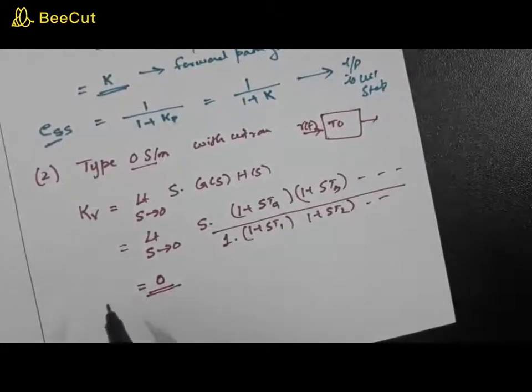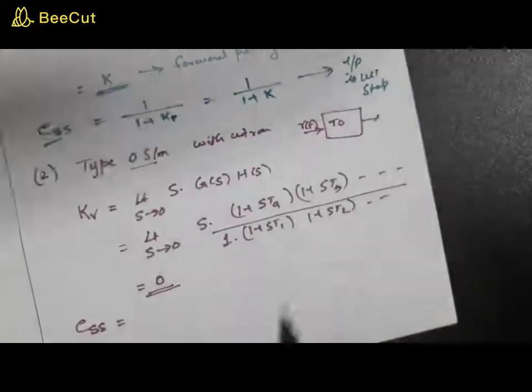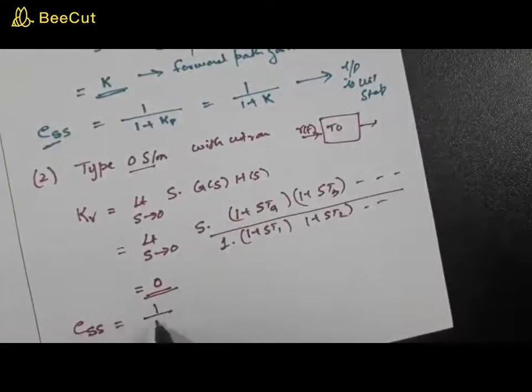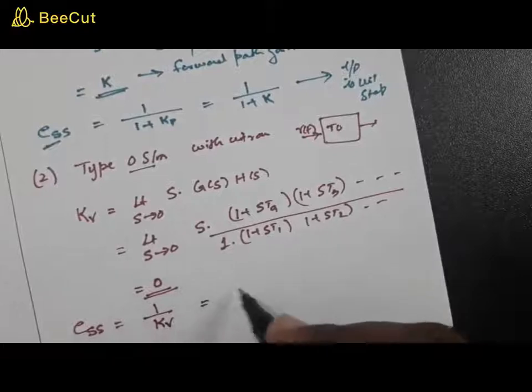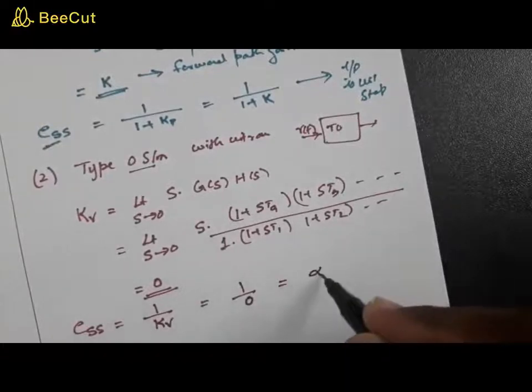Now we have seen that for a unit ramp input, the steady state error is found to be 1 by kv. ESS is 1 by kv, or you can say this is equal to 1 by 0, or this is infinity.